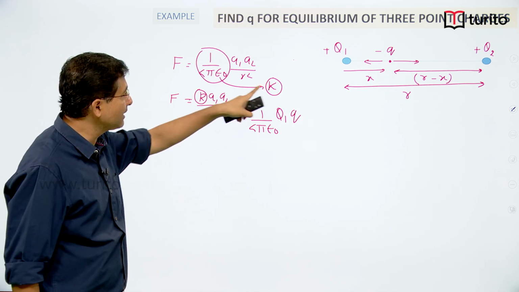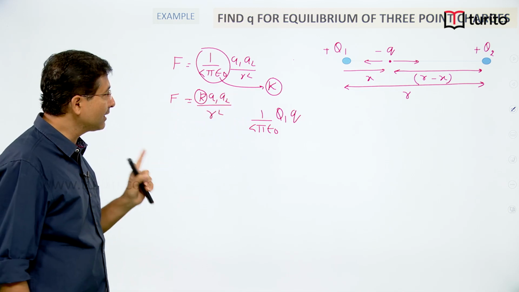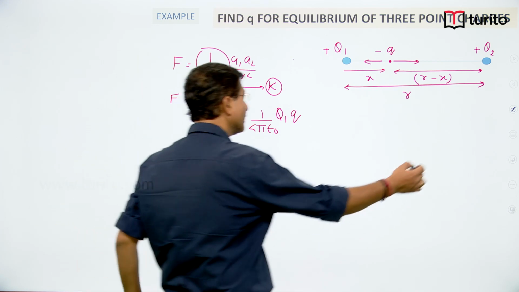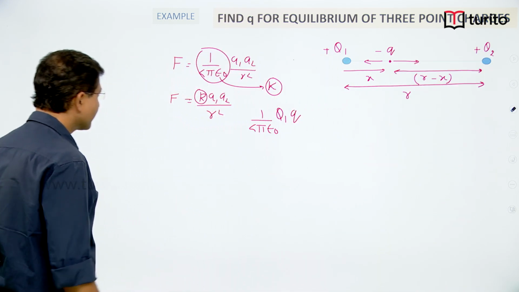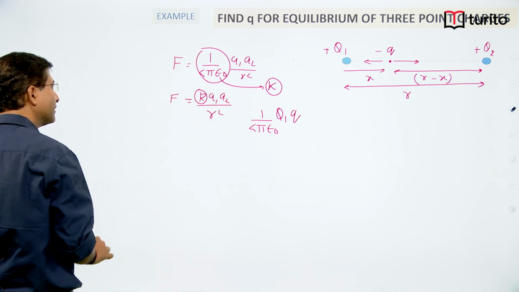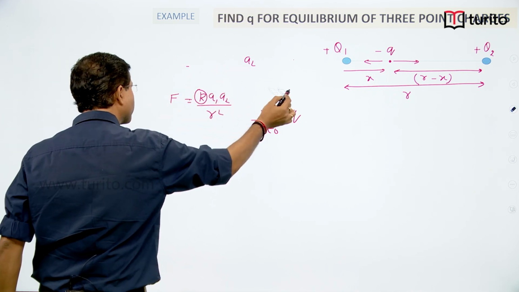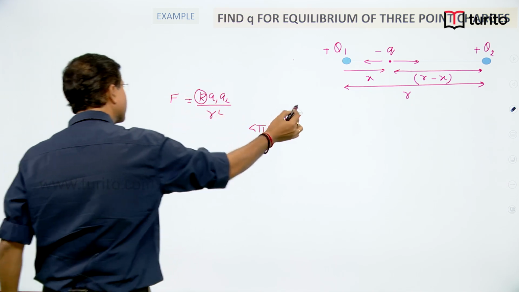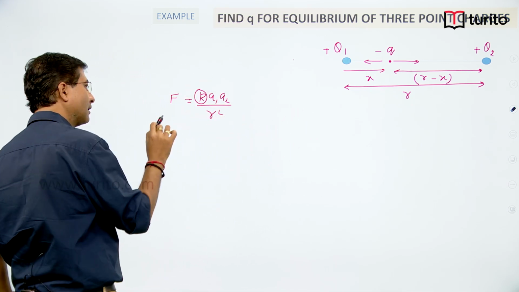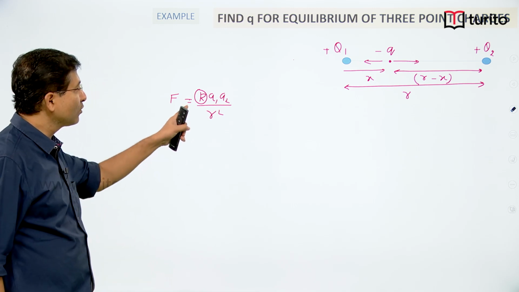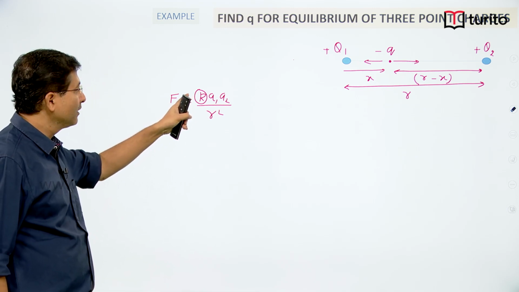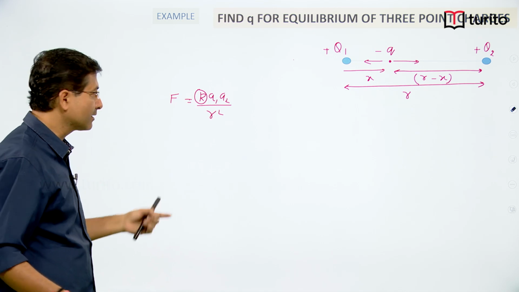So I hope this k and this k is clear, they are different. So from now on I will be using directly this format. And you can write 1 upon 4 pi epsilon naught also, just to avoid writing more number of terms, I am considering this as some constant, right.